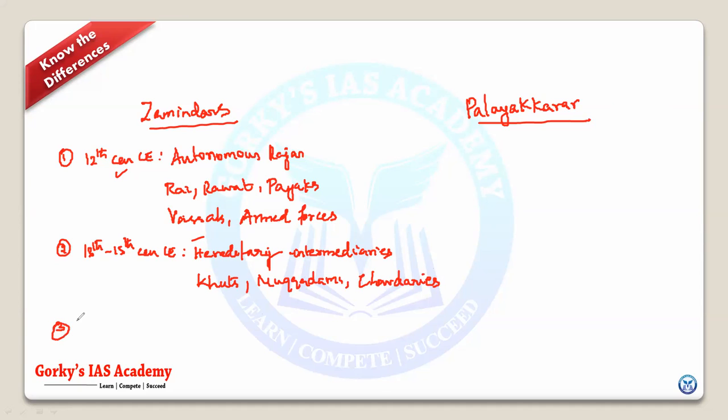And then during the early Mughal times, 15th century to 17th century, the hereditary landowners were called zamindars. Basically, they were mere revenue collectors.